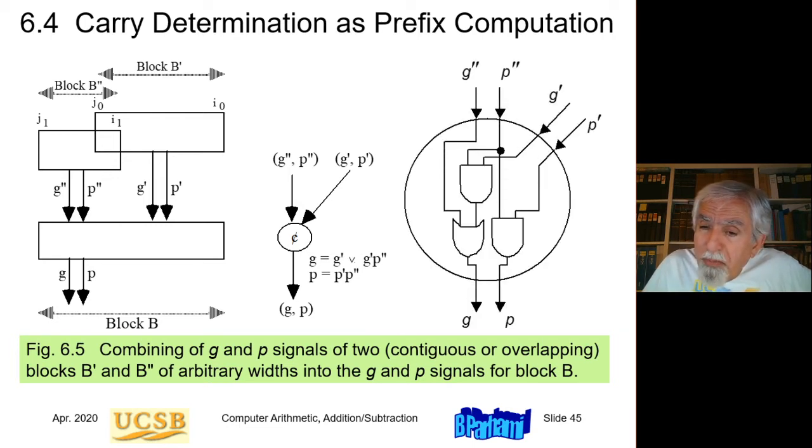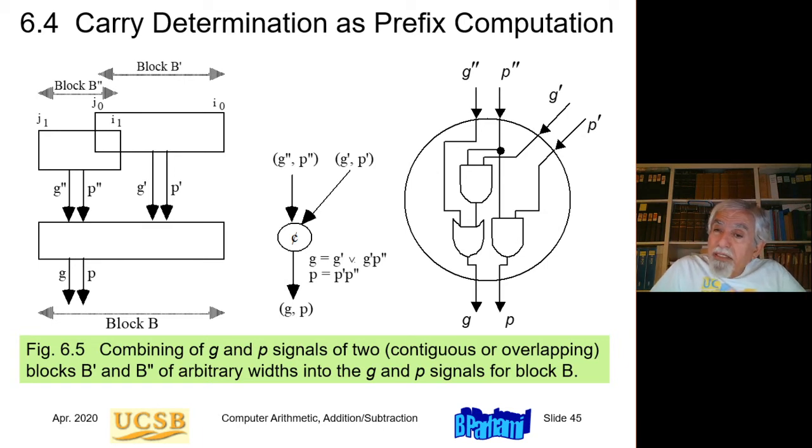And the logic implementation of that carry operator is this very simple circuit. So the AND gate at the bottom produces the P, which is P prime and P double prime. And then the other 2 gates, AND and OR, produce G, which is G double prime or G prime P double prime.